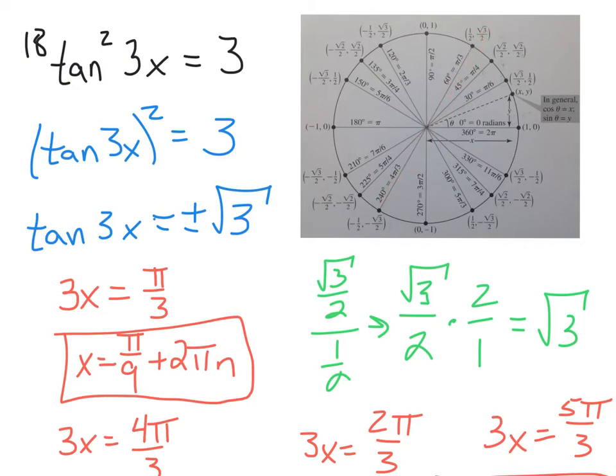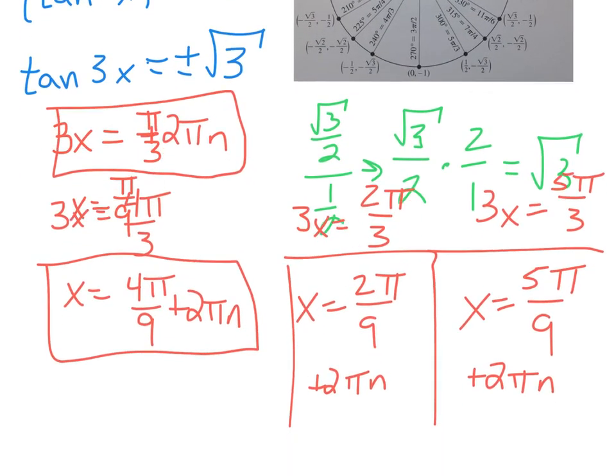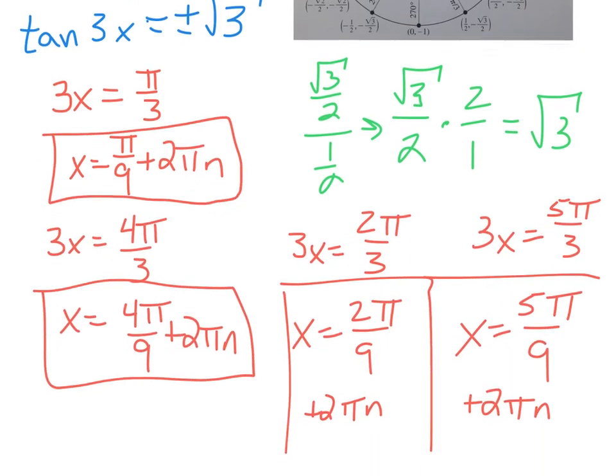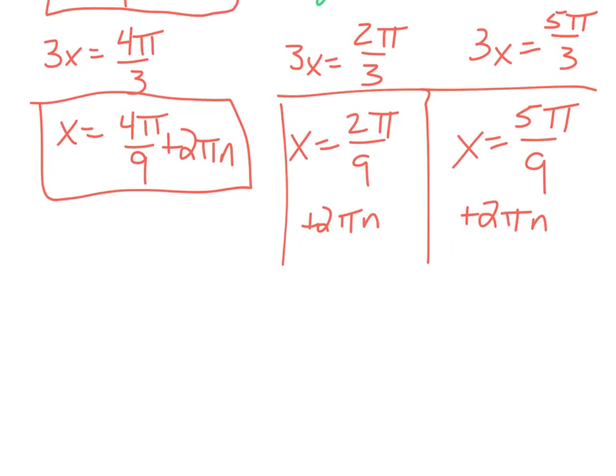So instead of writing it that way, what we can do is just look at our first instance when it gave us the positive radical 3, which was at pi over 3, and then add a pi to that.